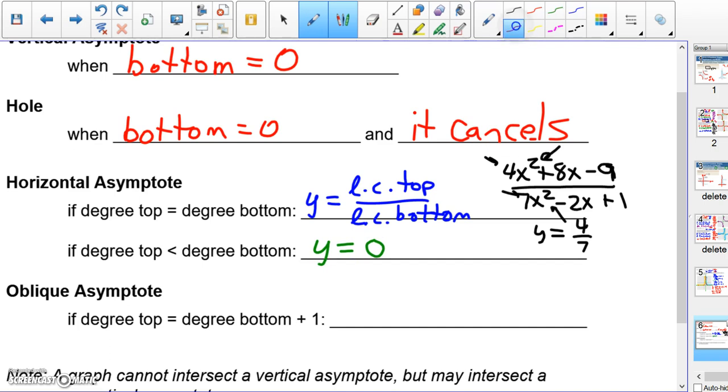Oblique asymptote. Oblique means diagonal. It's probably the hardest one to do. If the degree of the top equals the degree of the bottom plus 1, you're going to have an oblique asymptote, and that is going to be y equals, this is going to be tough, because you're going to have to do long division. Long or synthetic, I guess.